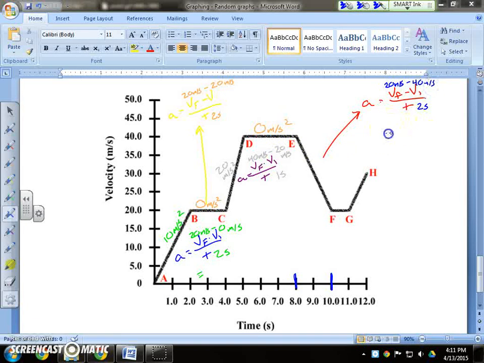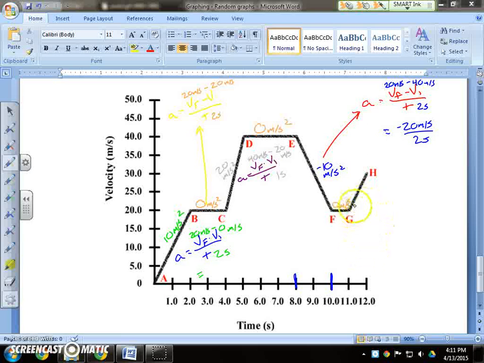So we're going to end up with a negative 20 meters per second over 2 seconds, which is going to give us negative 10 meters per second squared in terms of the acceleration, which just means that we are slowing down. It does not indicate a direction at this juncture. Again, we have a horizontal line, 0 meters per second squared, nice, easy.